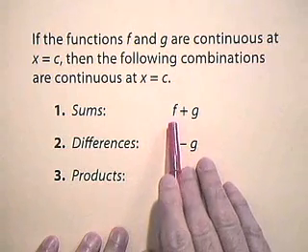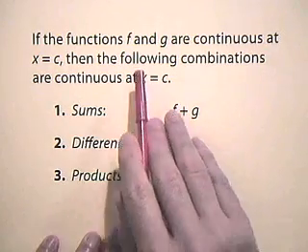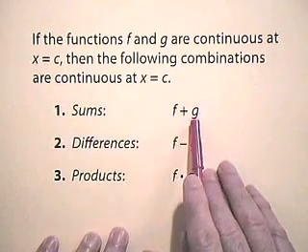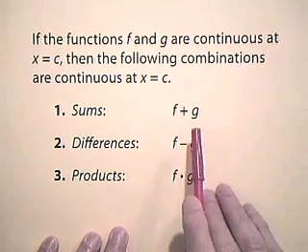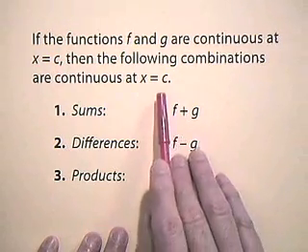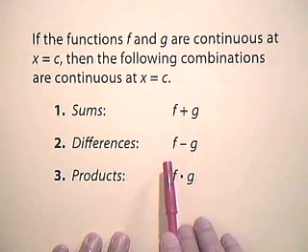At each point c in the domain of f plus g, well, f is continuous at c, g is continuous at c, so f plus g is continuous at c. And so consequently, the continuity would apply to the sum at each point where the sum is defined.